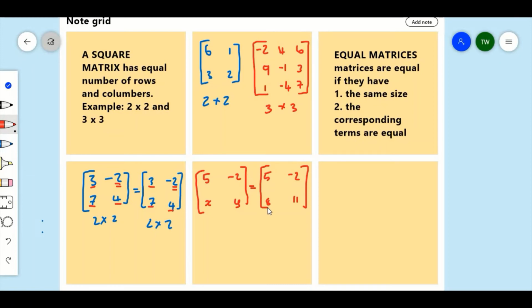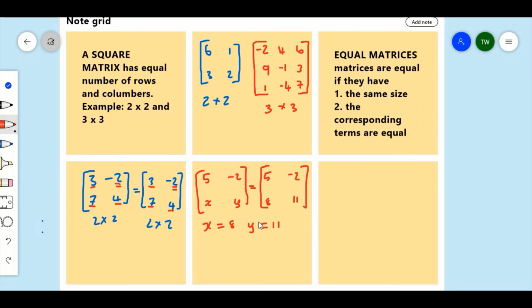And they ask you to determine the value of X and Y. Then X is going to equal 8 and Y is going to equal 11.